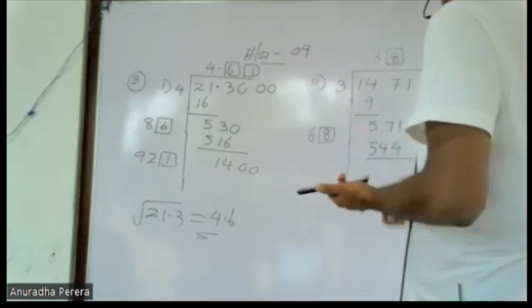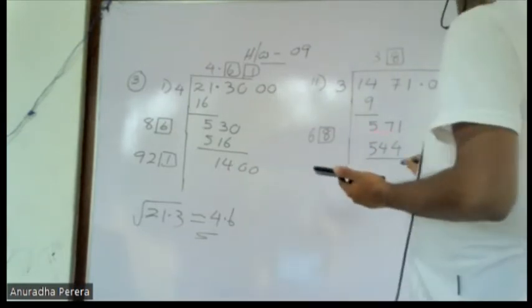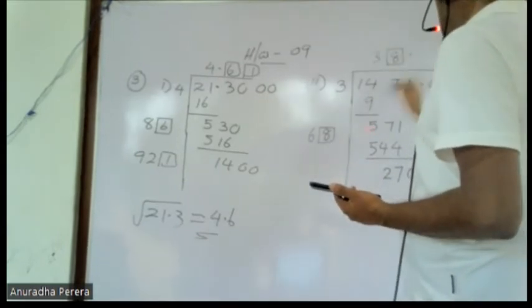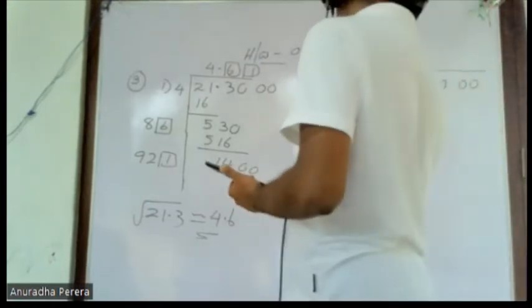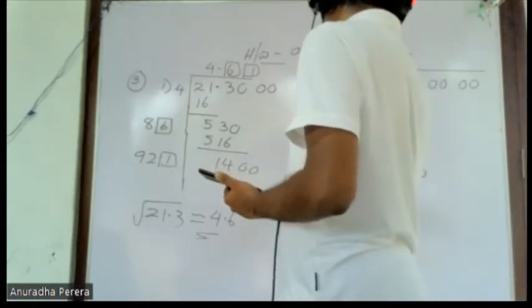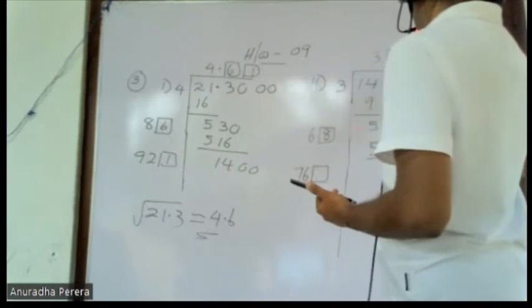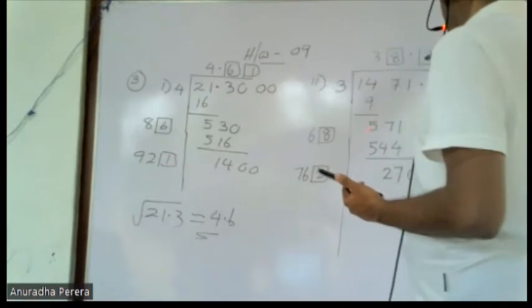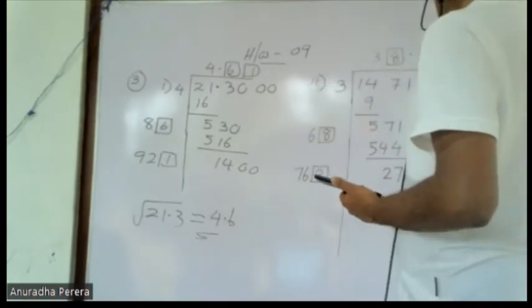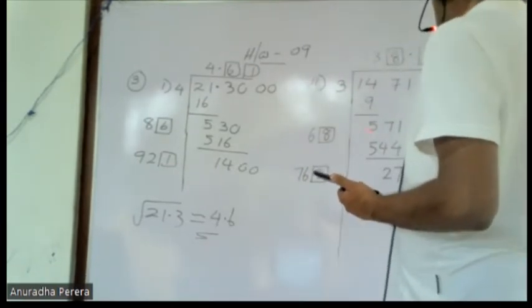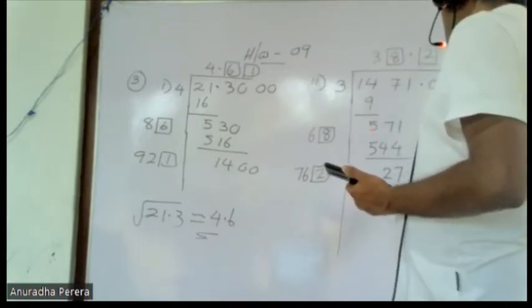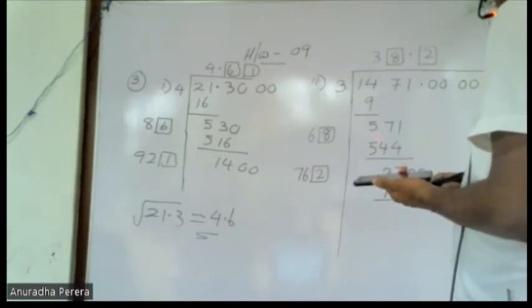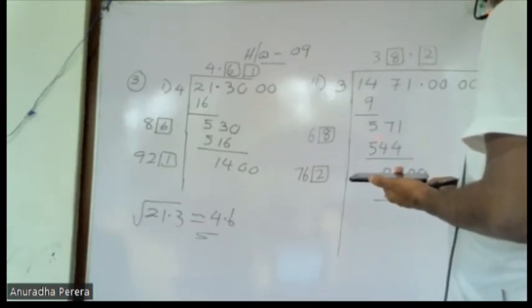544. Yes. 727. Next pair, put the decimal point. Twice of 38, 76. 2. Yes. 4. 2 or 3? 3, sir.